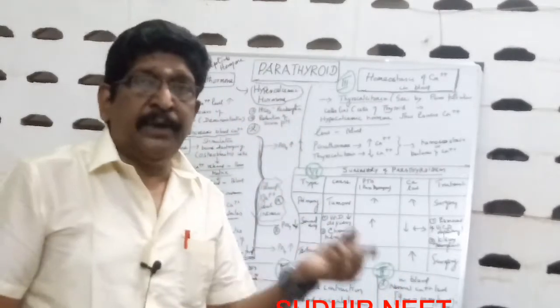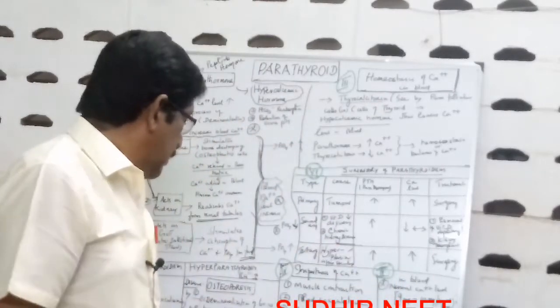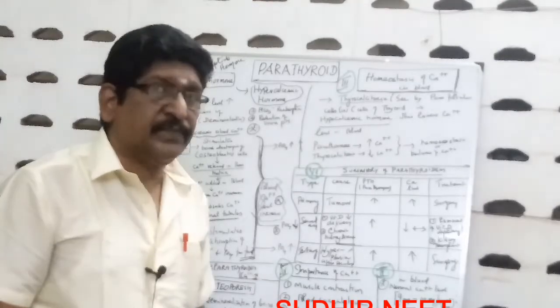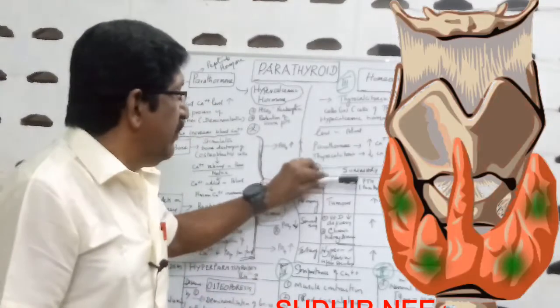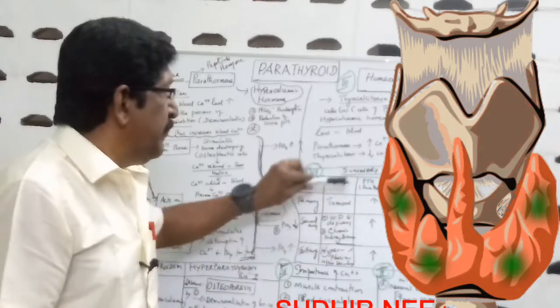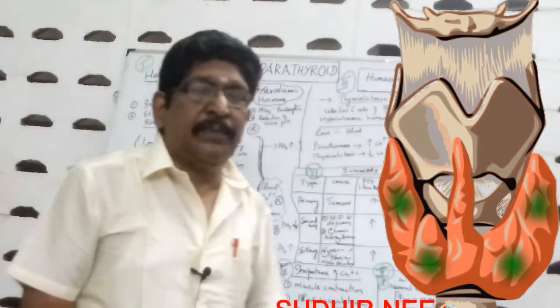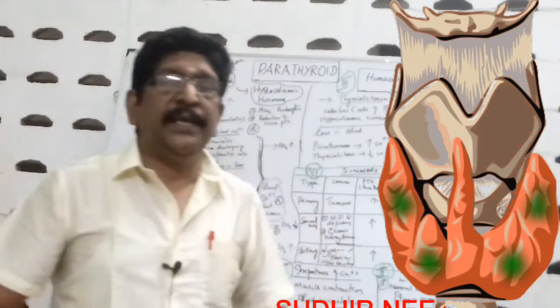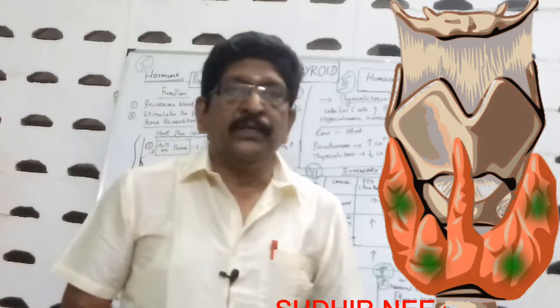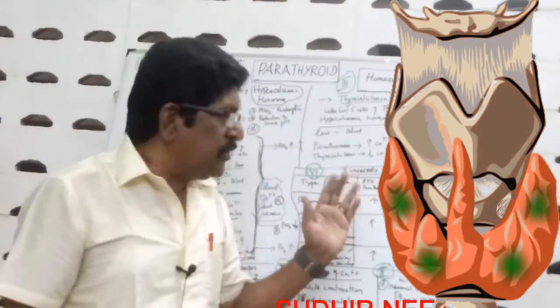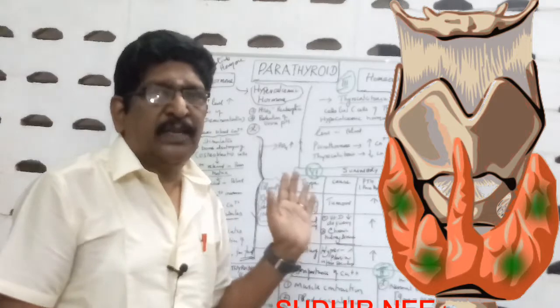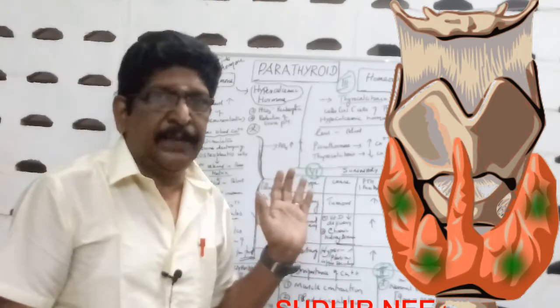hypoparathyroidism, tetany, hyperparathyroidism, this is osteoporosis. And finally, we have seen the summary of parathyroidism, three types: primary, secondary and tertiary parathyroidism. So this is also another area where you get many questions in the NEET examination.